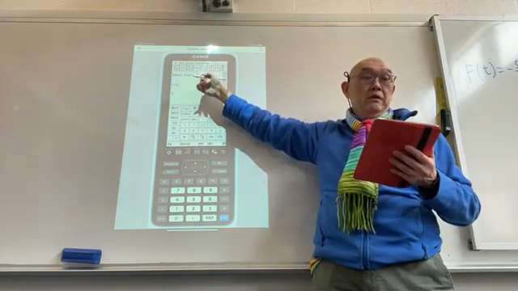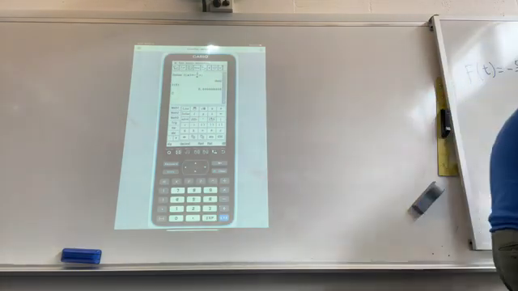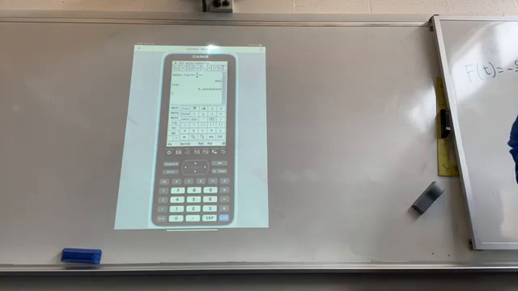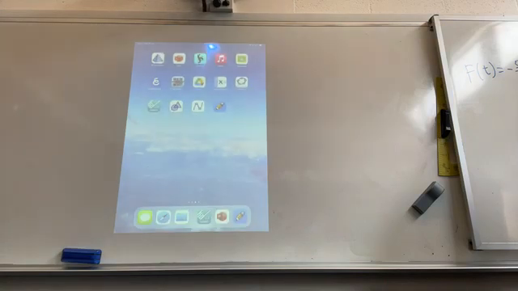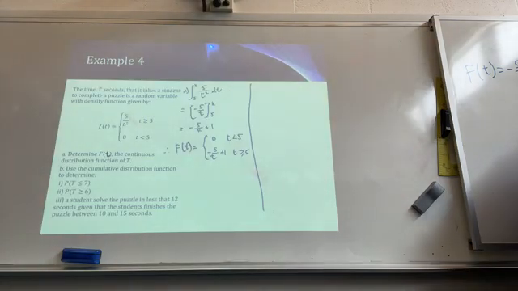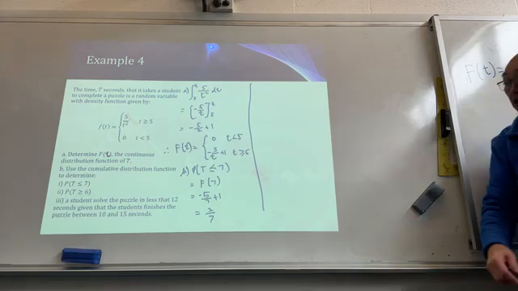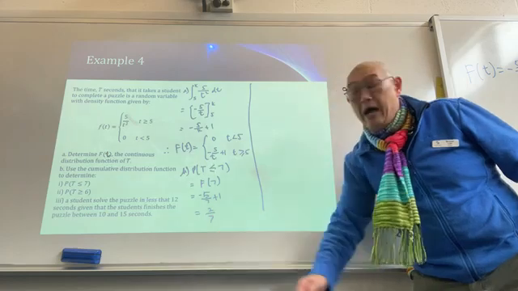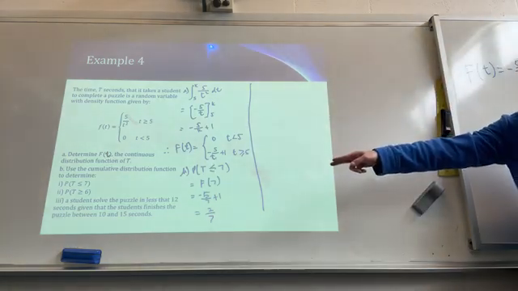All right, especially if you come to the third part. The third part, you've got to work out the probability between 10 and 15 seconds and 12 and 10 seconds. Instead of typing it a few times, you might as well do it that way. So if you define it, of course, with your ClassPad, you can work that out as a fraction rather than a decimal.